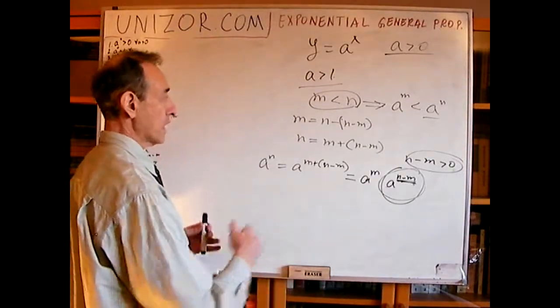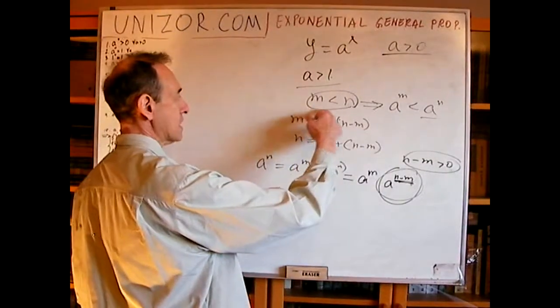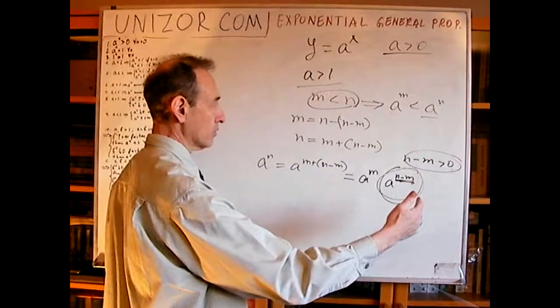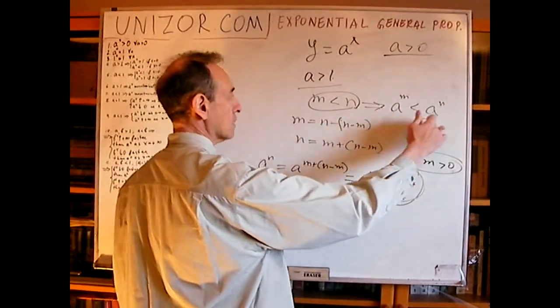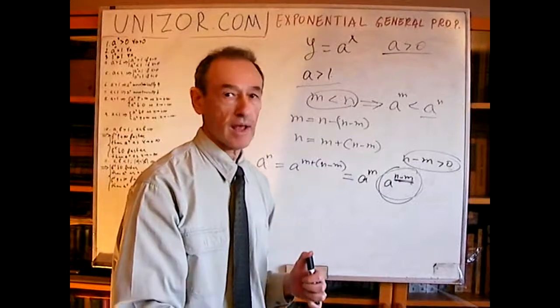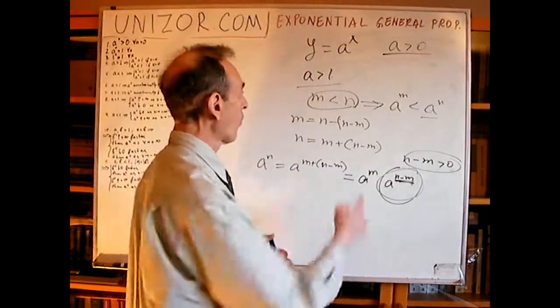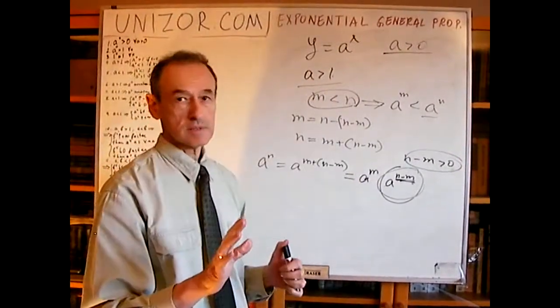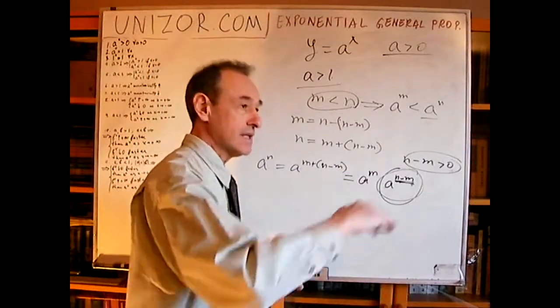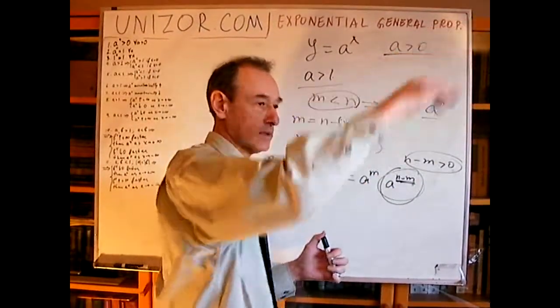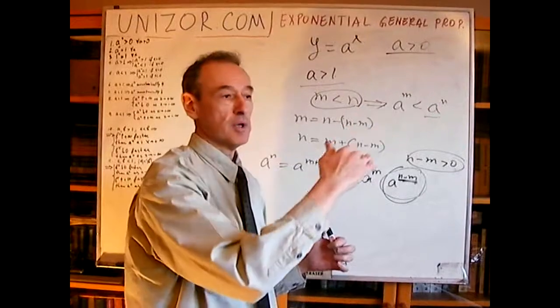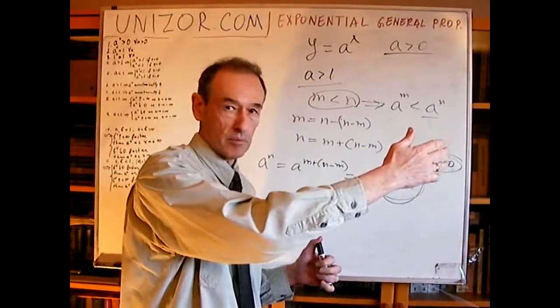So, we have proven that with increasing exponent, we increase the exponential function value as well for a base greater than 1. So basically it's really looking like the curve goes up, but only for integer numbers.